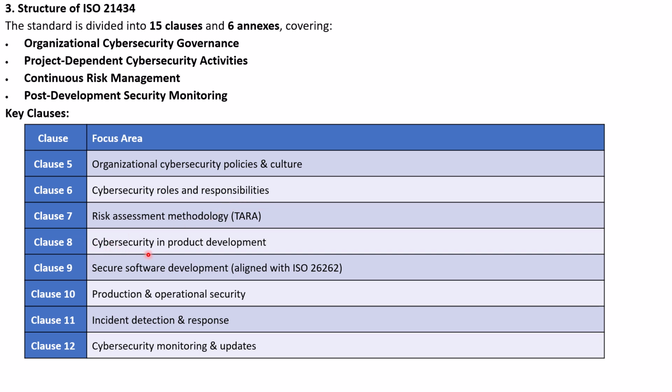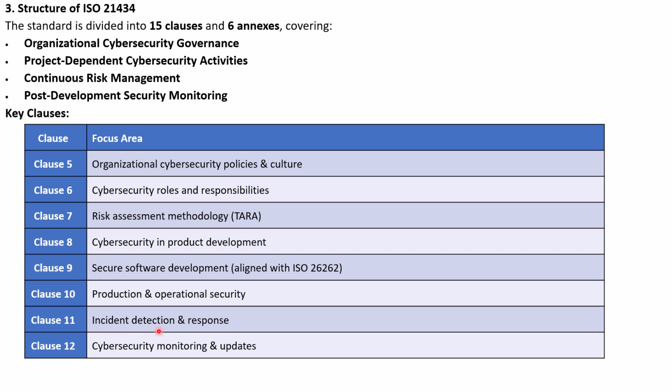Clause 8 is cyber security in product development. When it comes to clause 9, it is secure software development aligned with ISO 26262. So when the software is developed, it must also be aligned with ISO 26262. And what is this ISO 26262? It is nothing but functional safety. Now coming to clause 10, production and operational security.